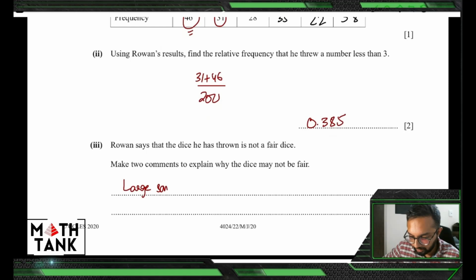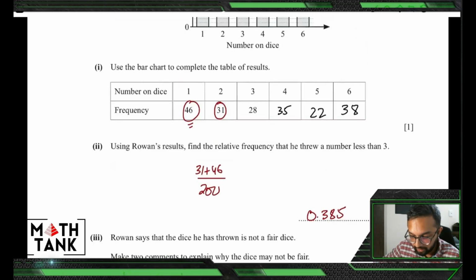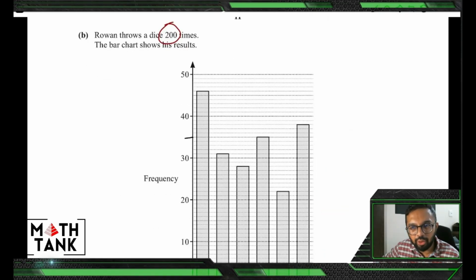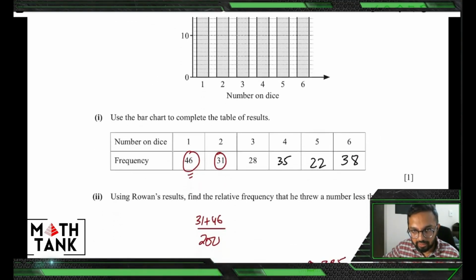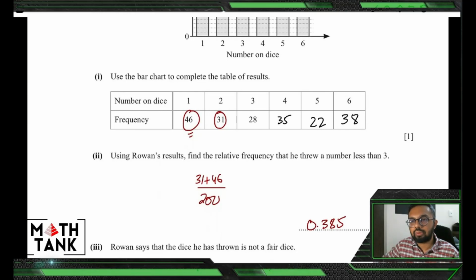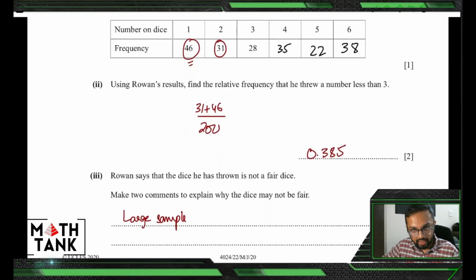So I go back and see I have taken about 200 times. So that means that my probability should actually be in reality the same as what you would expect on a fair dice. For a fair dice, you have the probability 1/6, 1/6, 1/6, 1/6 for each number. So given that I have a large sample, yes, this experiment is a good way of determining whether the dice is fair or not.